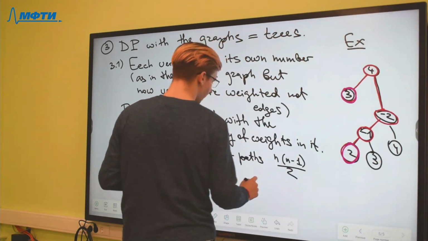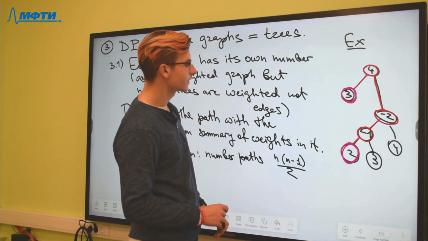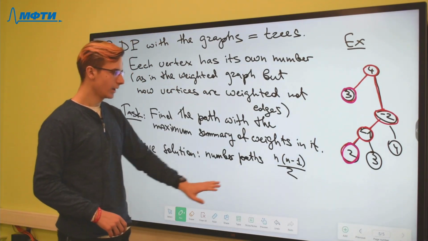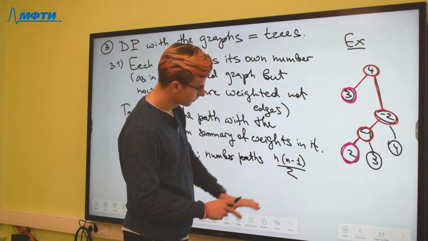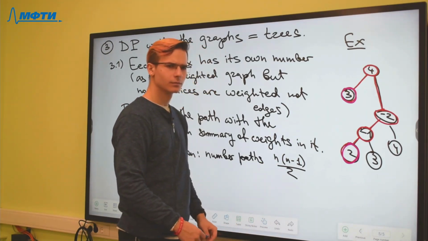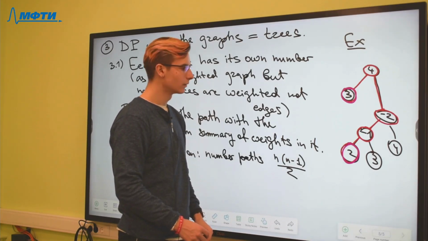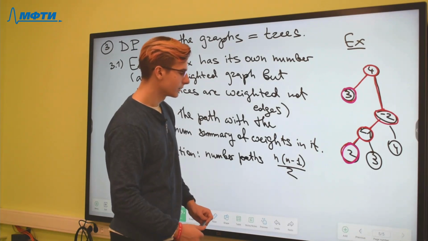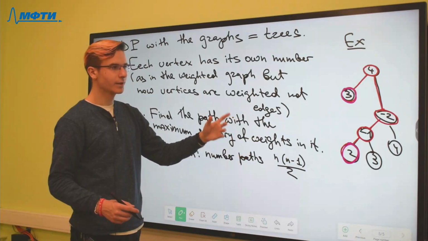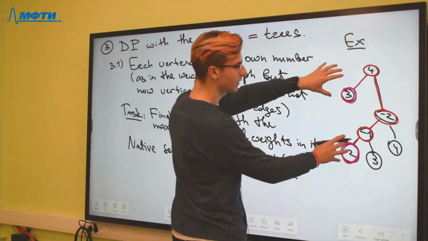Okay, I can repeat. Firstly, what is the number of vertices? N. N, here in this example. Okay. If we want to find a path in the tree, we need to find two ends of this path.